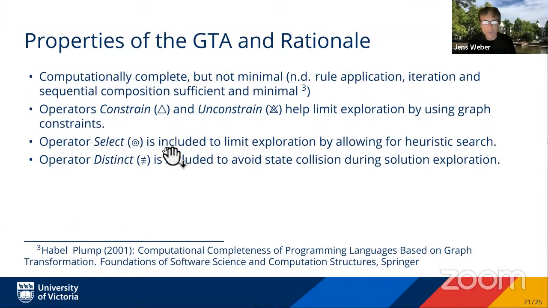The select operator is also included to limit exploration by allowing a heuristic search for a solution of executing graph programs. And the distinct operator is there to avoid state collisions during the solution exploration, sort of to filter out these identical graphs.